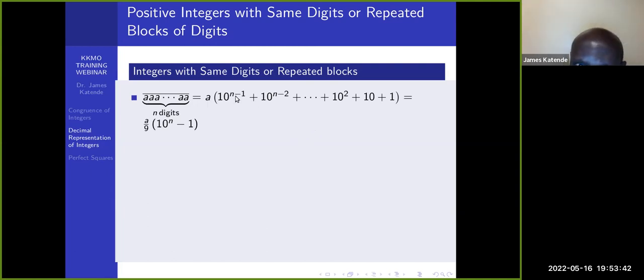For the geometric series in the brackets, the first term is 1 and the common ratio is 10. So you have 10 raised to n minus 1 divided by r minus 1, which is 9, then multiplied by what is out here, which is a. You can simplify it like that using the sum of a finite geometric series. This works if all the digits are equal and there are a total of n digits.